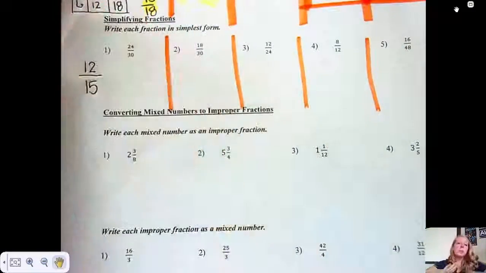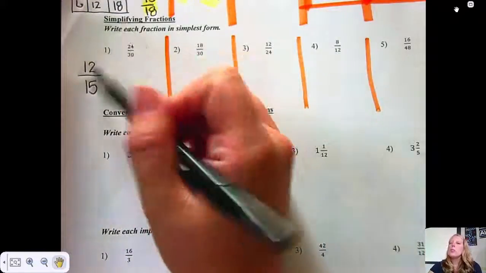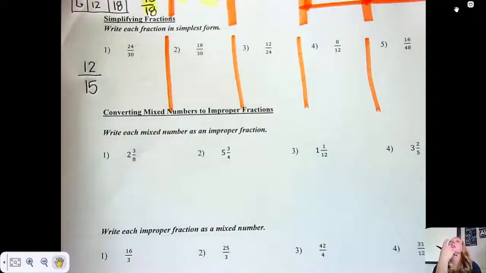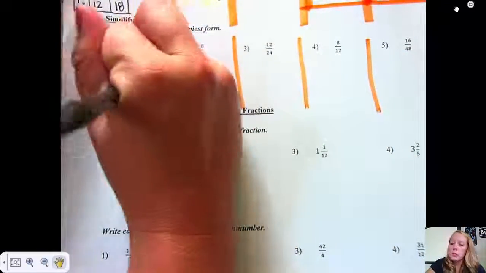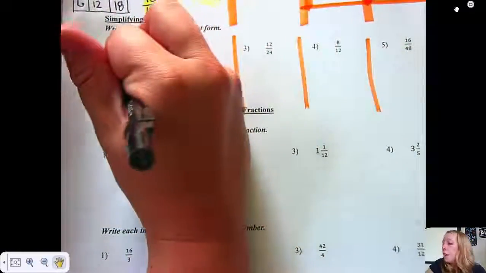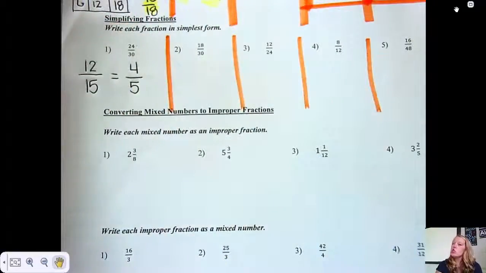Now, just because you've done that doesn't mean you're done. What goes into 12 and 15? 3. Oh. What's 12 divided by 3? 4. What's 15 divided by 3? 5. Again, check to make sure. What goes into 4 and 5?